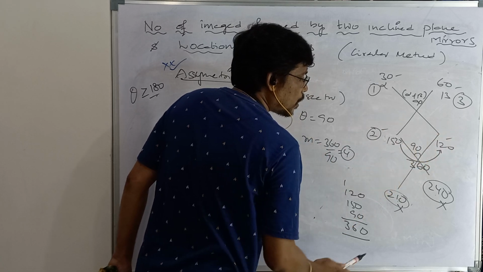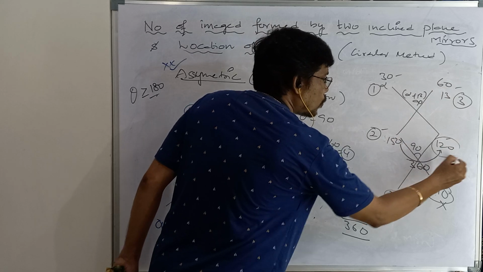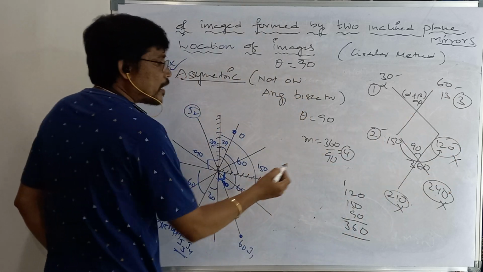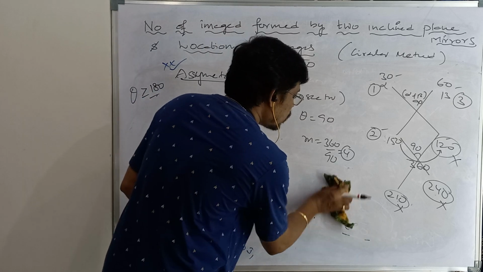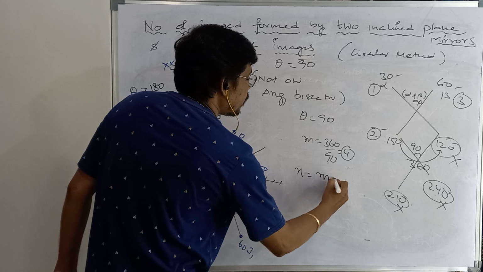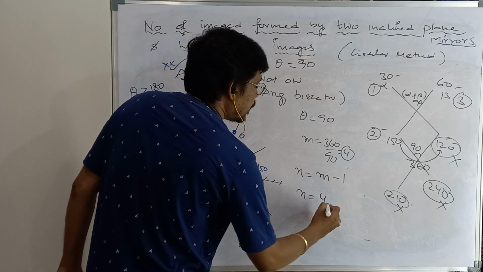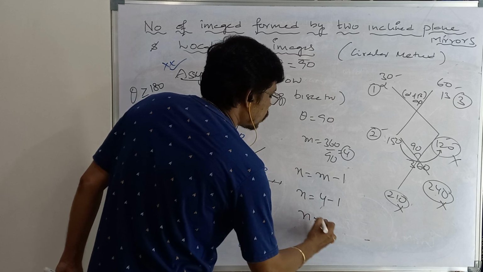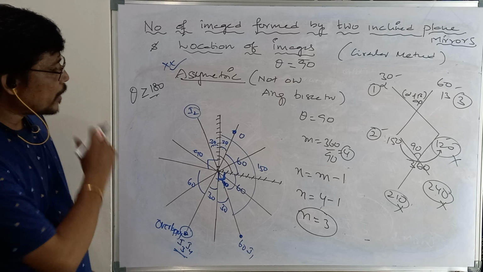Again overlapping takes place. So here 1, 2, 3, don't consider this one, so 3 images. But m is equal to 360 divided by 90, which gives 4. So again the formula n equals m minus 1, n equals 360 by 90 minus 1, which is 4 minus 1, n equals 3. Very easy process.